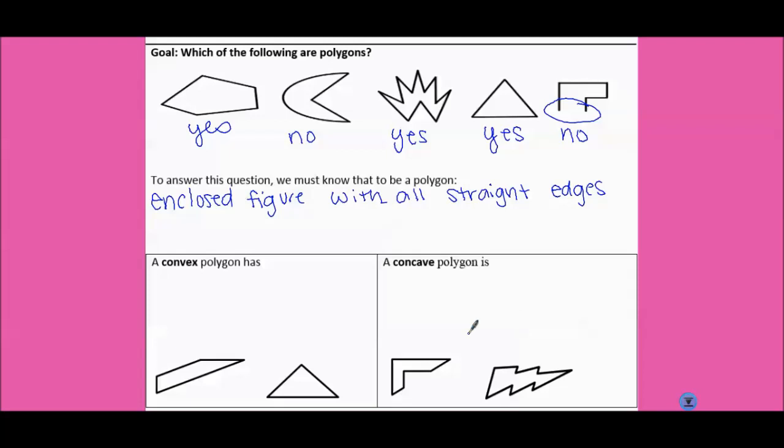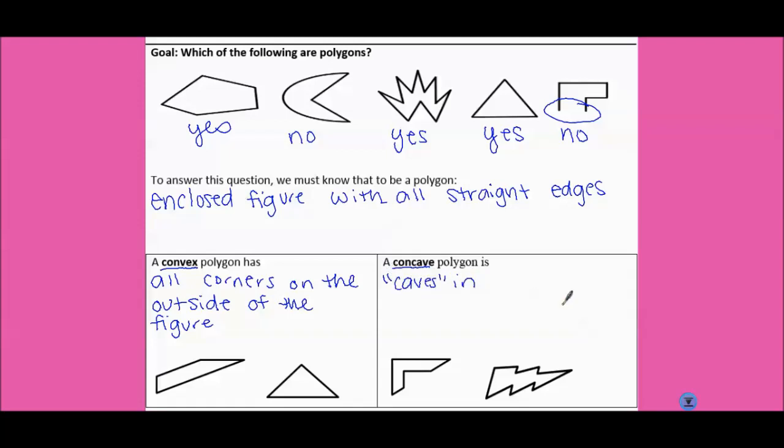Now there's two types of polygons. There are convex polygons and concave polygons. Convex polygons have all corners on the outside of the figure. A concave polygon caves in.